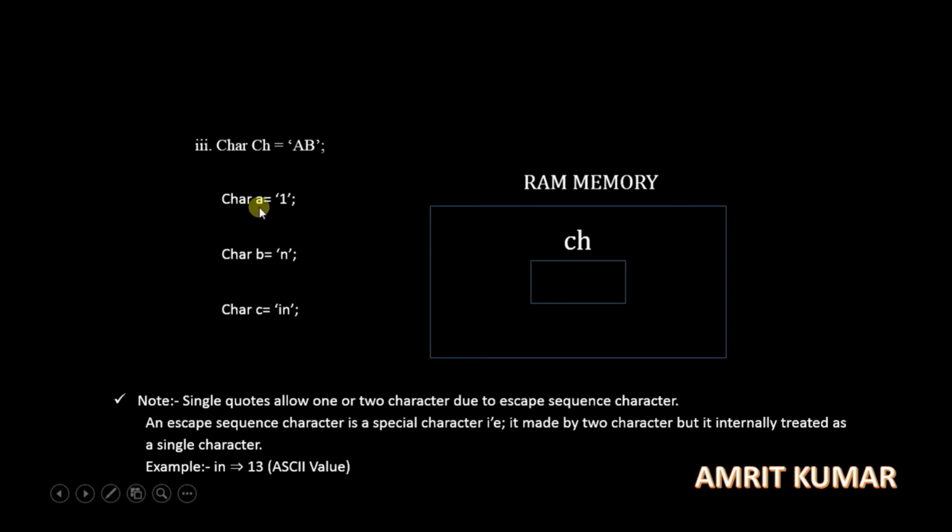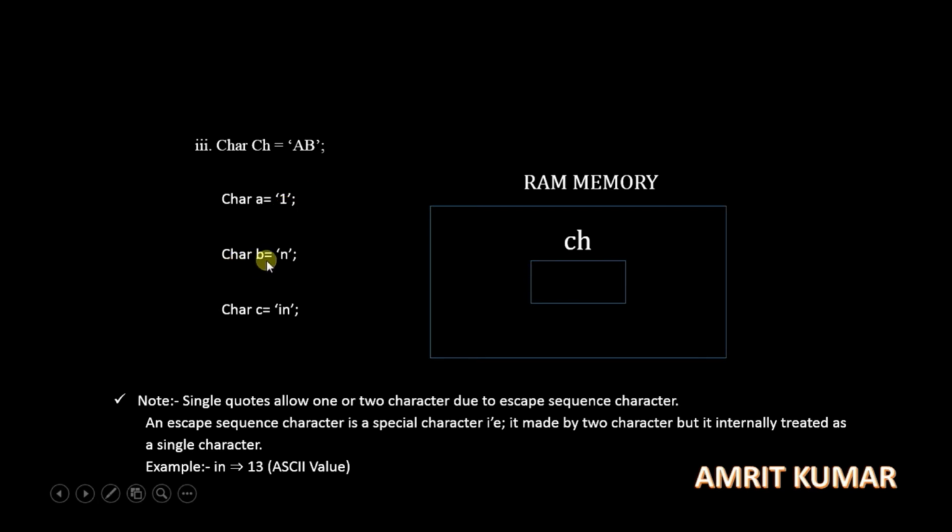I am using a variable whose size is 1 byte because of the character data type, and it has a character constant because single quotes represent character constants. In the RAM memory, a is built with size 1 byte because of the character data type, and it stores the value 1 in this block.